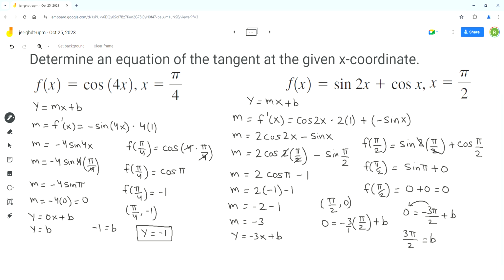So this is the b value for the tangent, and now we can sub in this b value in the equation to find the equation of the tangent. So this should be the final answer for the equation of the tangent in slope-intercept form.